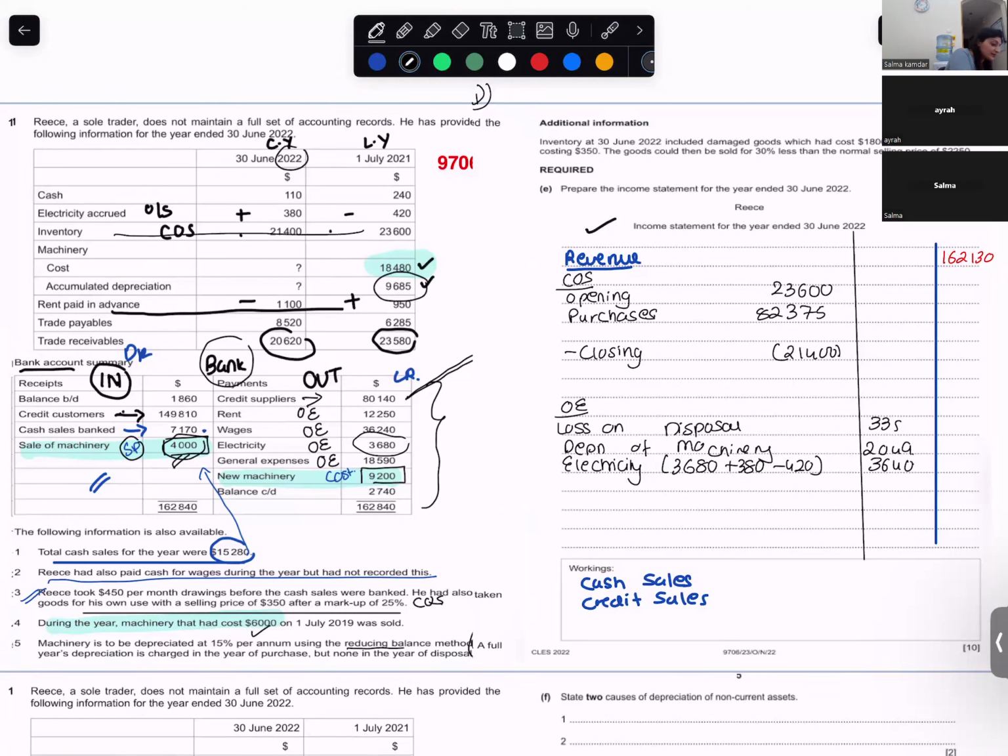Inventories, incorporated machineries, and rent. First you will take from the bank account. How much is paid? 1250. You've already minus 1,100 plus 950.